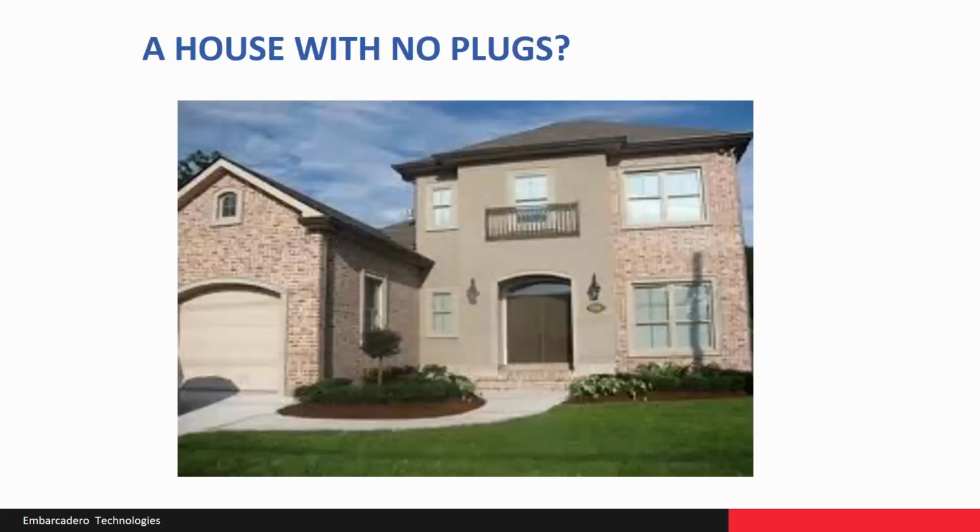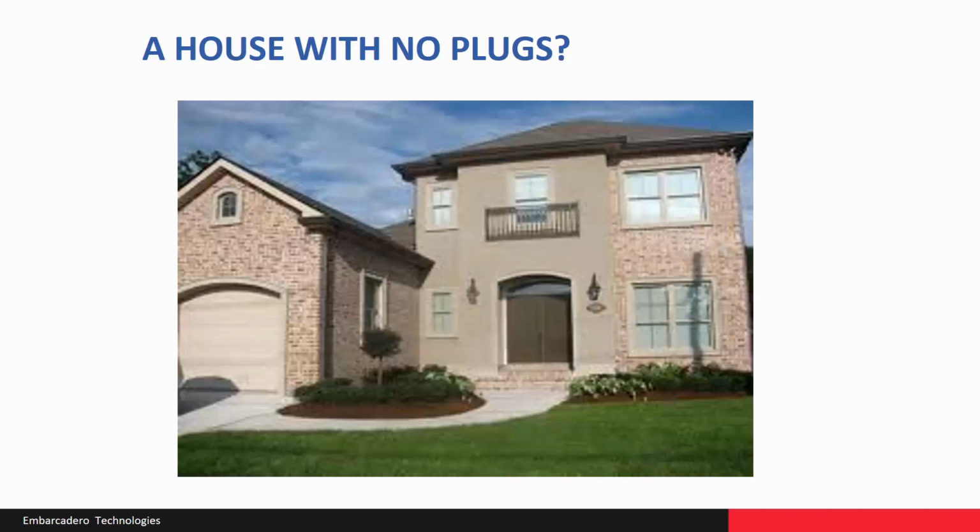Imagine you had a house that you were looking at buying and it didn't have any plugs in it. Everything was hardwired into it. All the appliances, all the lights, everything was hardwired into the wall with no plugs. This would be a house without dependency injection because it would be a house that had no interfaces for the electricity throughout the house.